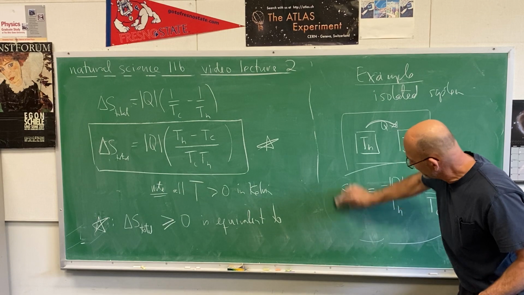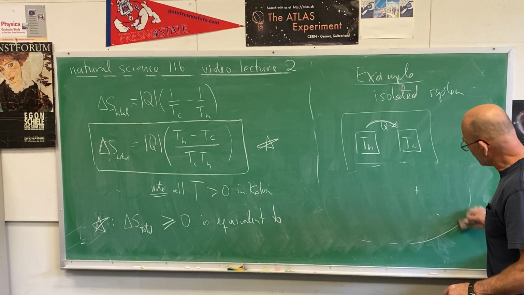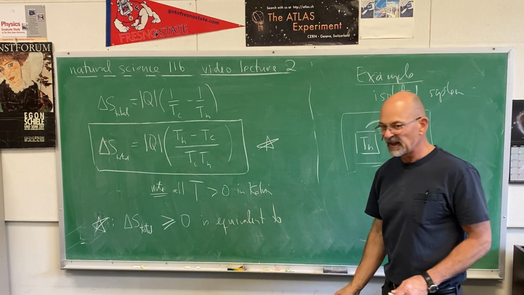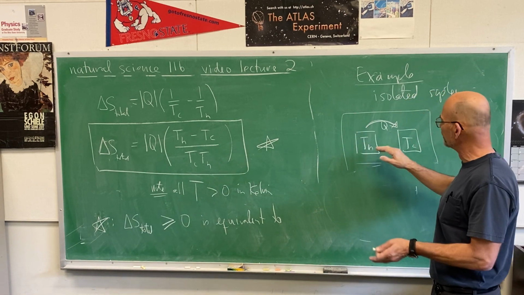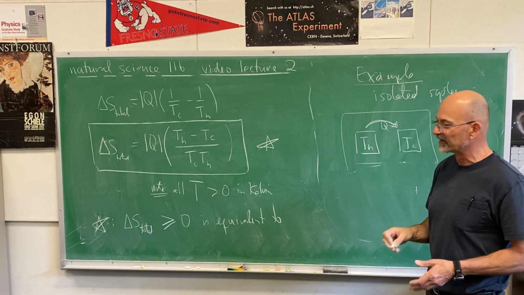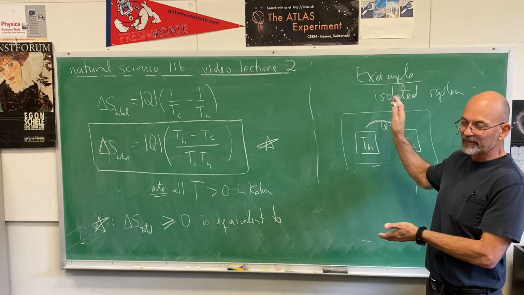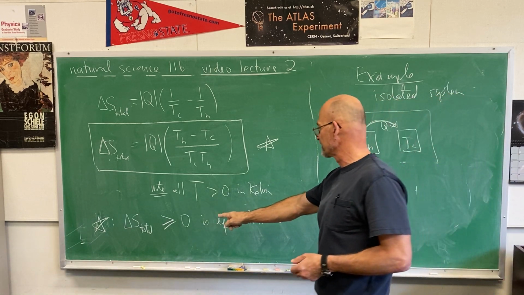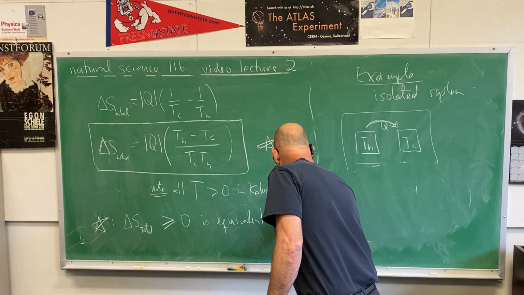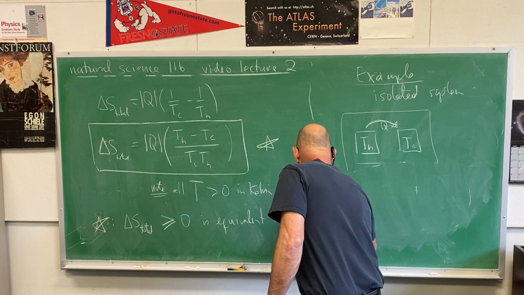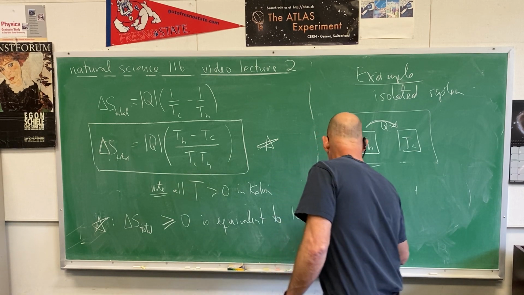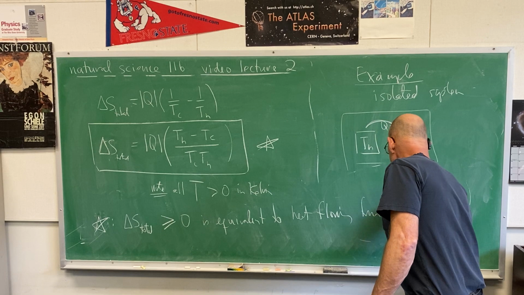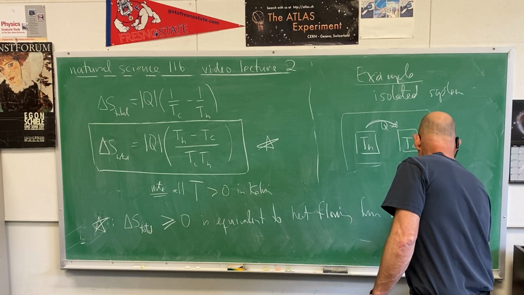So it's equivalent, and that's why we can call this a law of nature, because energy always is going to have to flow from hot to cold in an isolated system. We're not going to get many arguments about that, are we? Okay, so delta S greater than or equal to 0 is equivalent to heat flowing from TH to TC.